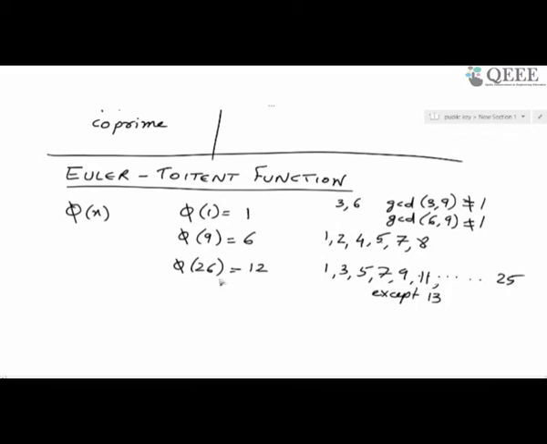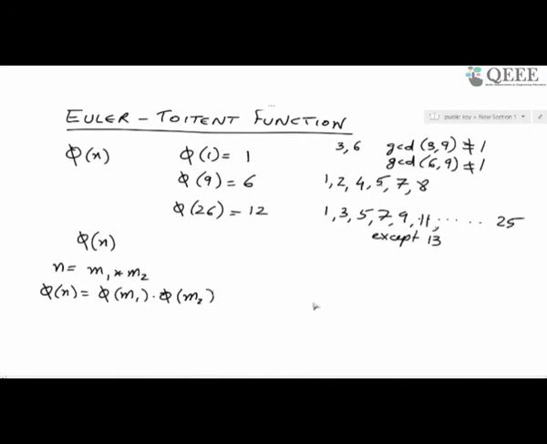The good thing about this is that if you have some number n and n is equal to m1 into m2, then phi of n will be equal to phi of m1 into phi of m2. So let us see if this holds within the above example.